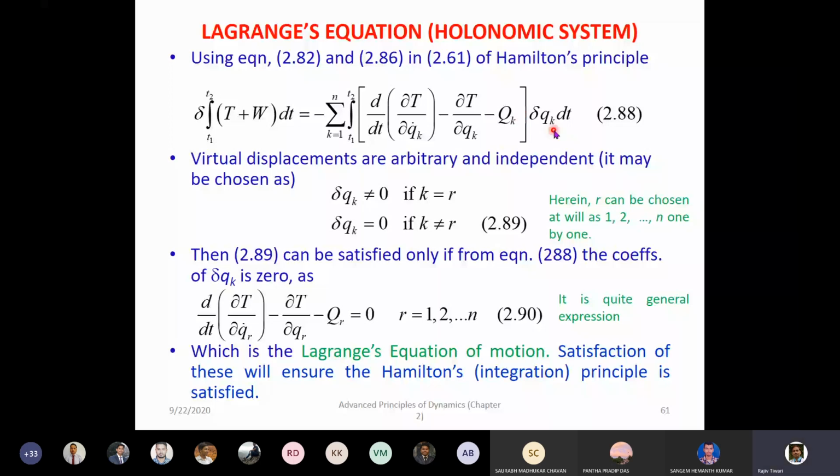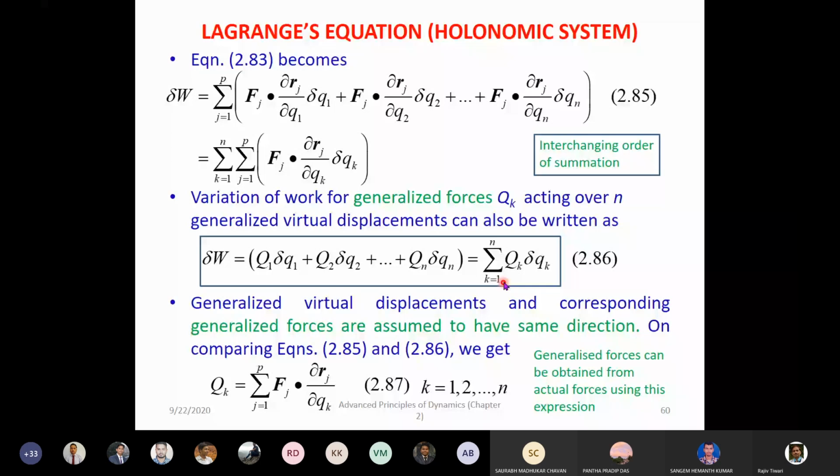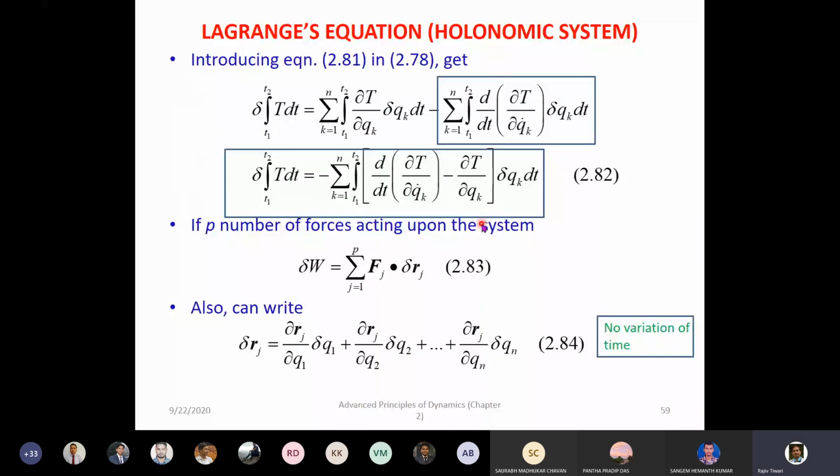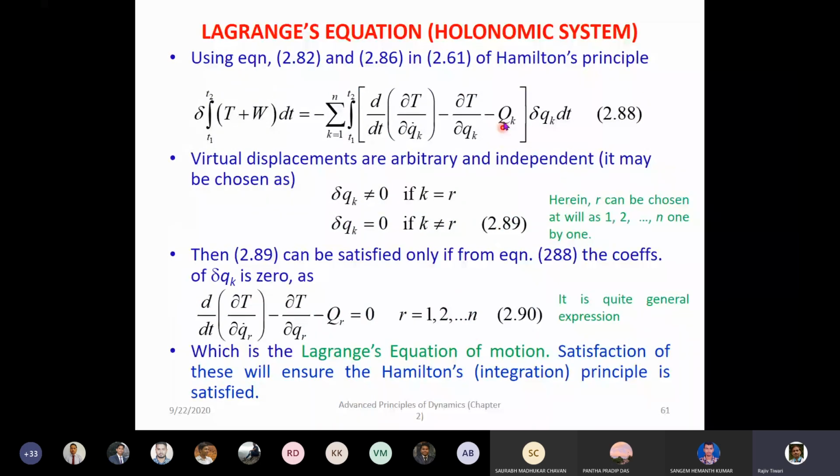So these two expressions we have put in the Hamilton principle. We substituted them, and we got this expression in which, outside the bracket, we have the variation of the generalized coordinate.